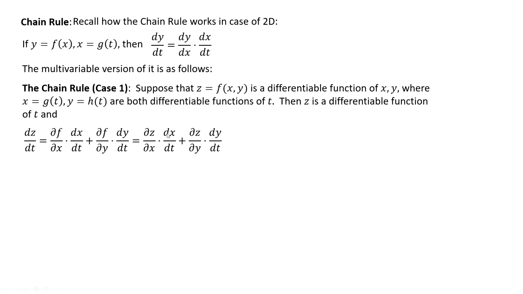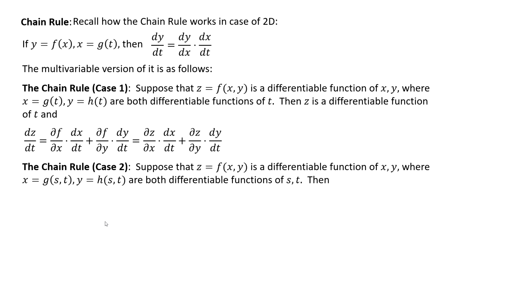Okay, then should we say partial x with respect to t? Nope. Because x is purely a function of t. So we use the regular derivative dx/dt. Right? So this is perfectly all right. Similarly, partial z with respect to y and regular derivative dy/dt. That's it. There is no complication to it.